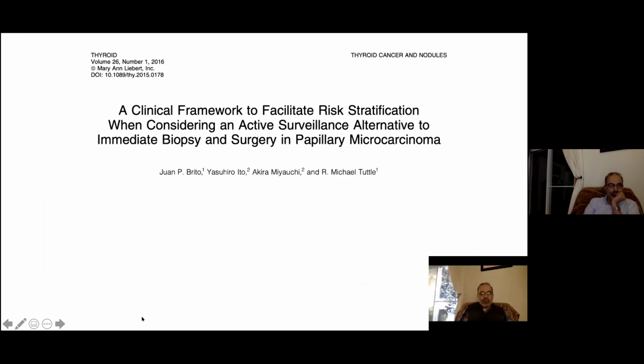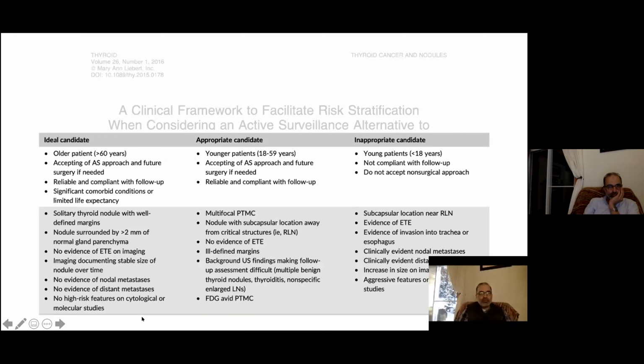As a result, the concept of active surveillance has come into being, and now what we are suggesting, I'm sorry, it's a busy slide, but essentially what it shows is that if you have a patient who is older and who accepts the active surveillance and will continue to monitor, and you have a low risk thyroid cancer, and you can find these things on the ultrasound, you can continue to monitor these patients without actually operating on them or without removing the tumor.